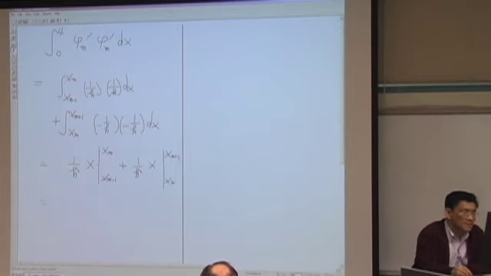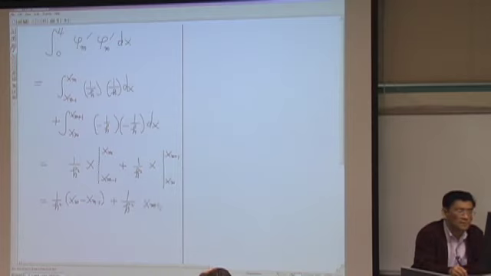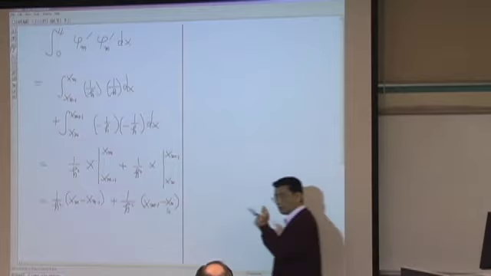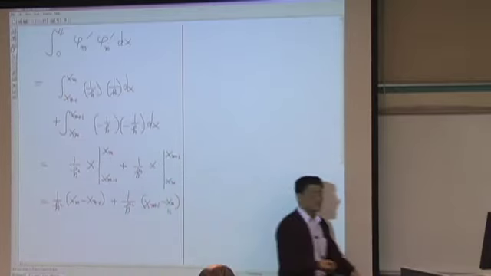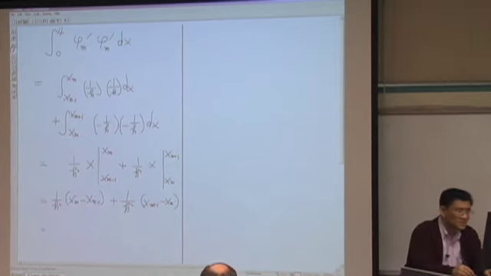Then by calculation, xm minus 1, and 1 over h squared, xm plus 1 minus xm. And as you know, the distance between each node is h, right? This distance is h, this distance is h. So it is 1 over h squared multiplied by h, then 2 over h.